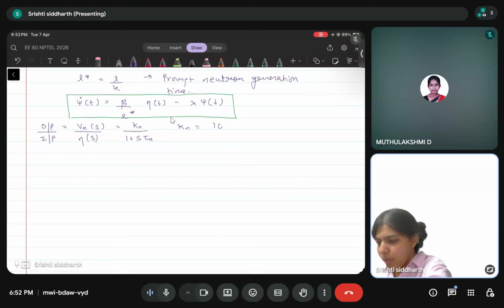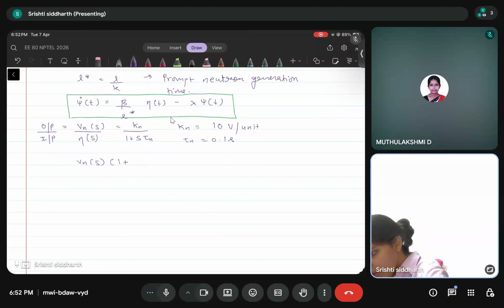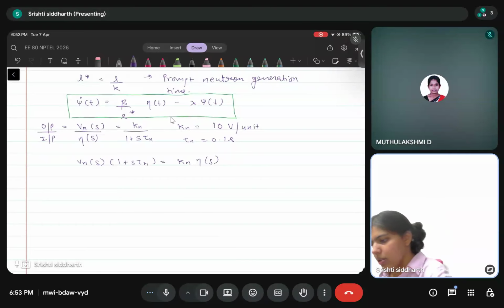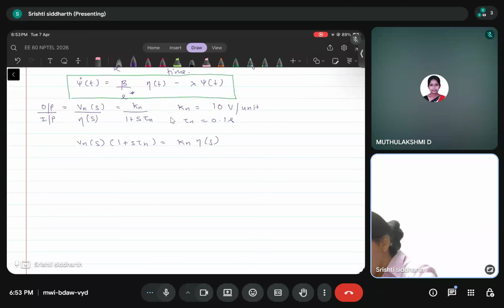I think Kn is 10 volt per unit, and tau n is 0.17. If we multiply, 1 plus s tau n, Vn(s) equals Kn times H(s), and then perform the Laplace inverse, we get Vn dot equals minus 1 over tau n Vn plus Kn over tau n times H. All of these variables are functions of time.